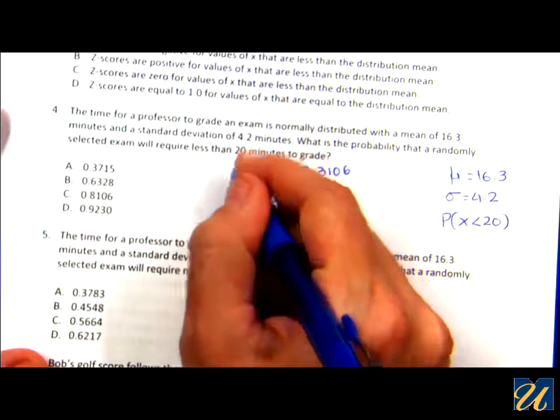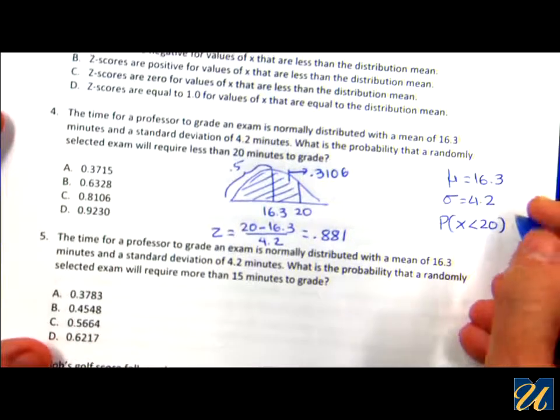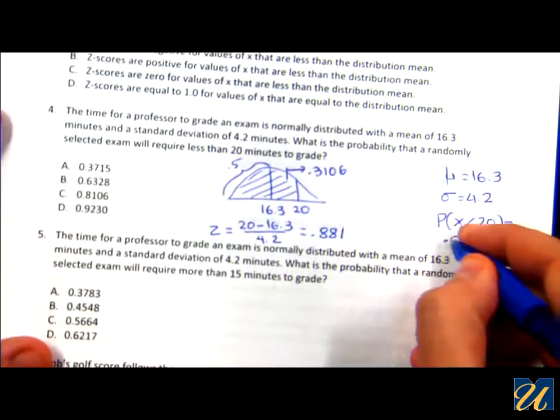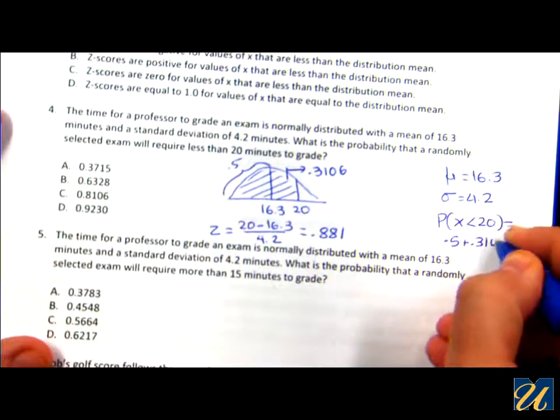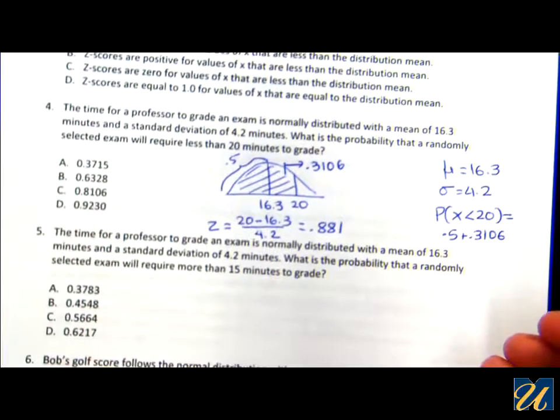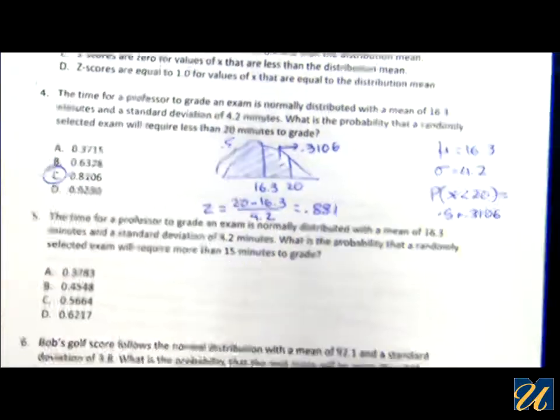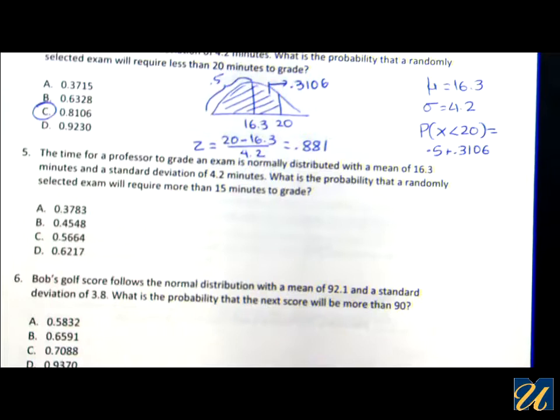I already know that this part is 0.5, so the probability I'm looking for will be equal to 0.5 plus 0.3106. So the correct answer in this case will be 0.8106, which is C.